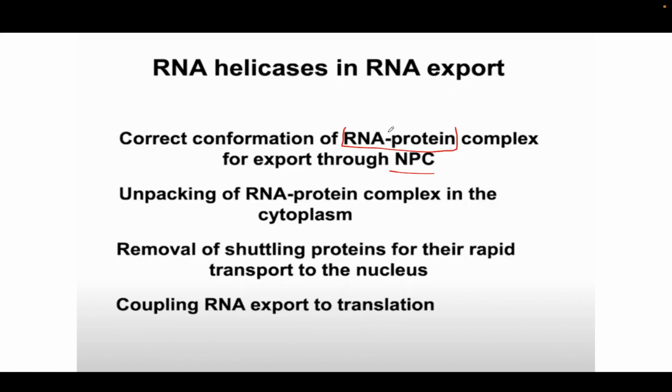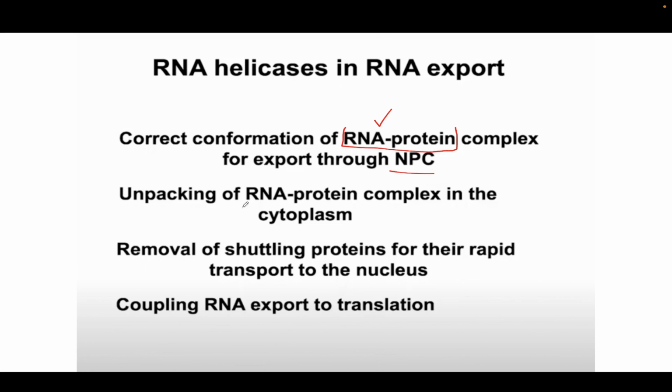But here it says RNA protein complex. Sometimes when there is a small RNA molecule, it can be transported with small protein molecules. But in the case of rRNA or large mRNA, they require a large protein and form an RNA protein complex, that is a ribonucleoprotein or RNP complex, and that complex then gets transported through the NPC. Understood?